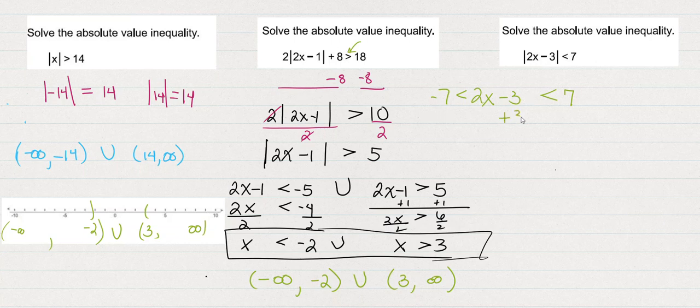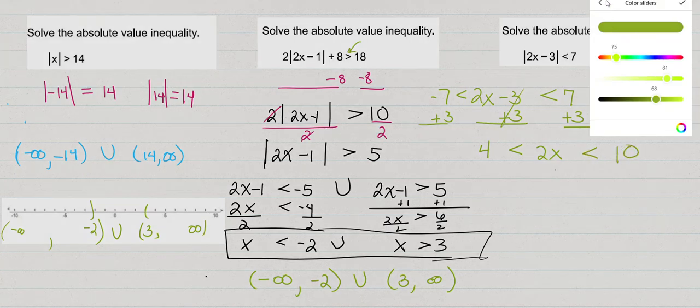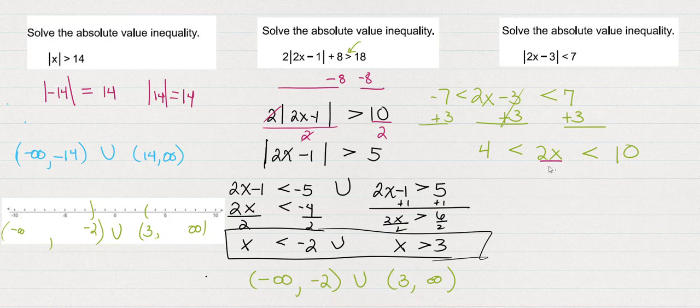I'm going to add 3 to the 2x minus 3 so I can get rid of that -3. -7 plus 3 is -4, less than 2x, less than 7 plus 3. And then divide both sides, or I'm sorry, all 3 pieces, not 2 sides.